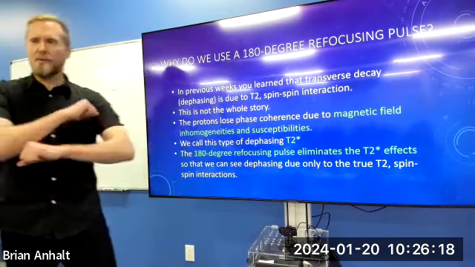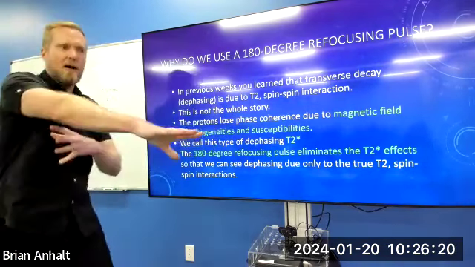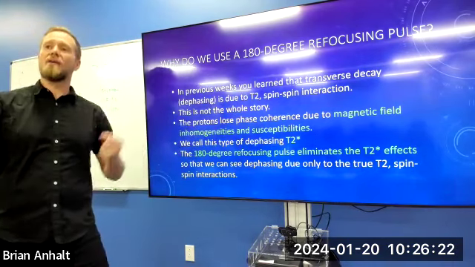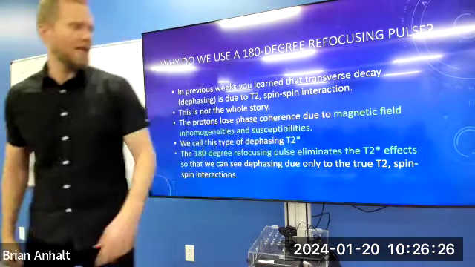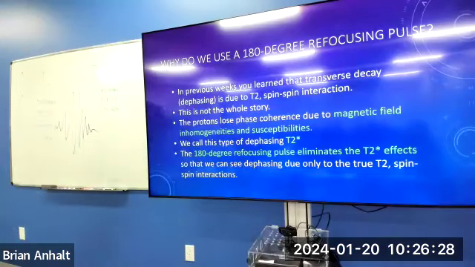So dephasing due to inhomogeneities and susceptibilities causes the transverse magnetization to go away very quickly. The 180 degree refocusing pulse eliminates the dephasing due to T2 star effects. So the 180 degree takes this away, takes it out. We don't have to worry about it anymore.